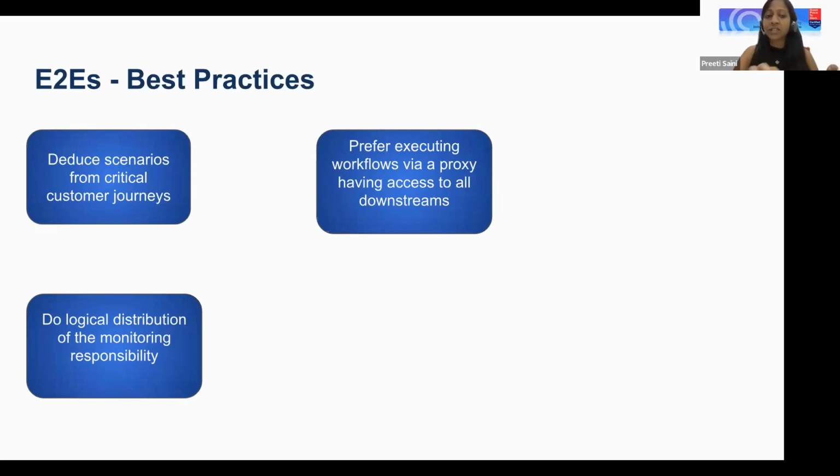To reach that state, you can use a roster within your teams who would be responsible for keeping an eye out whenever a failure happens in these end-to-end tests, you notify the right teams to look into it, and chase them towards getting the fixes available as soon as possible, because having these tests running healthy all the time should be the utmost priority, and that gives you the right confidence, before you hit production, that everything is working fine. So doing this logical distribution for monitoring helps you address these alerts on time and get to a resolution.